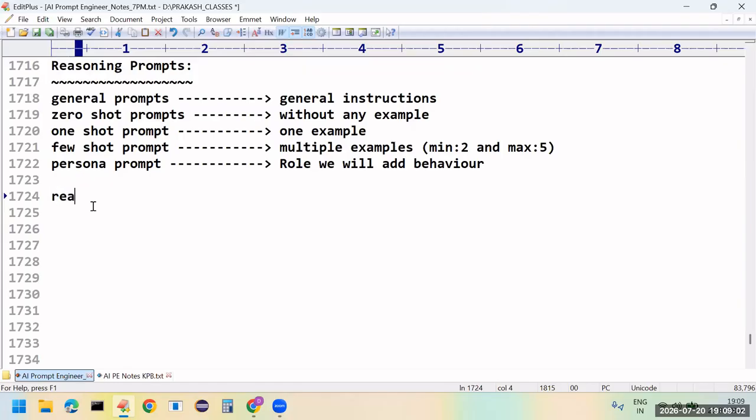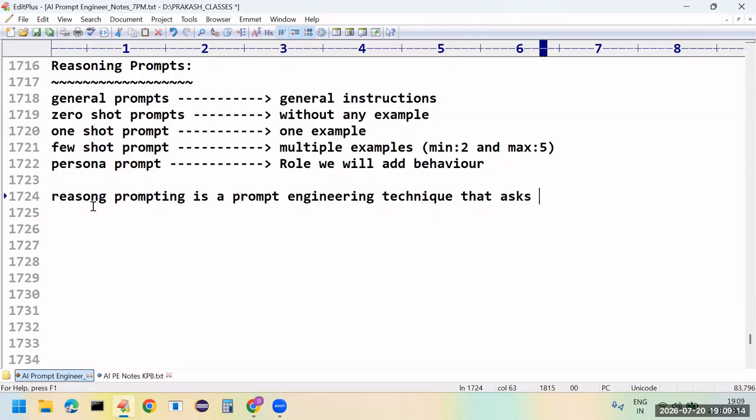So, what is a reasoning prompt? Reasoning prompting is a prompting strategy, a prompt engineering technique that asks the AI model to solve the problem. How?